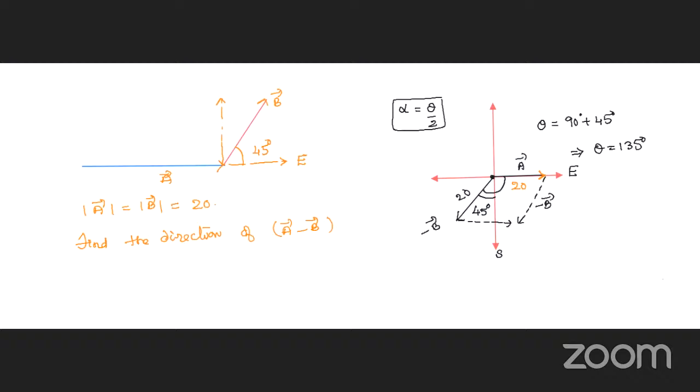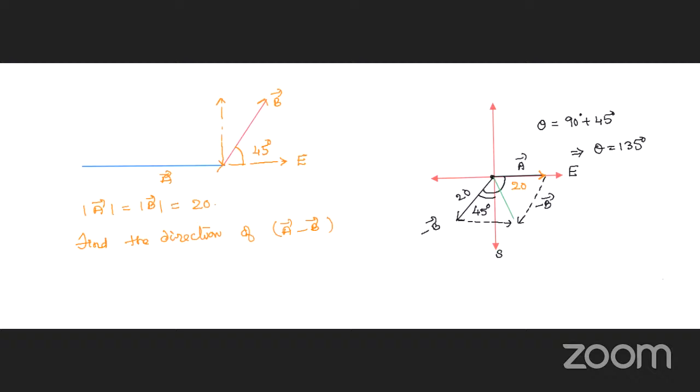Using this concept, alpha is exactly bisecting the angle, so no need to find it out. Directly I take the direction like this, exactly bisecting.